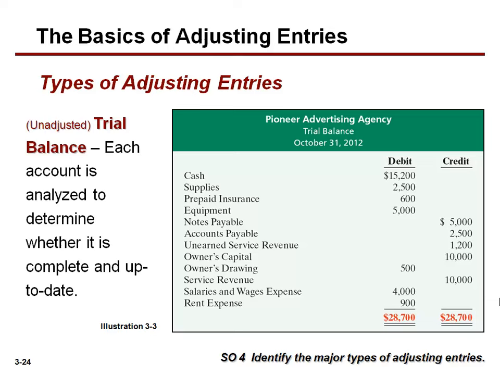Remember that our definition of assets is items of future economic value to a business to produce future sales. When an asset no longer has future value, when it's been consumed, it must be reduced, and we reduce the owner's equity category through expense accounts. So when it comes to expenses, that's precisely what we're doing in adjusting our accounts.